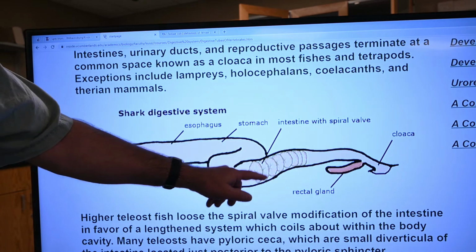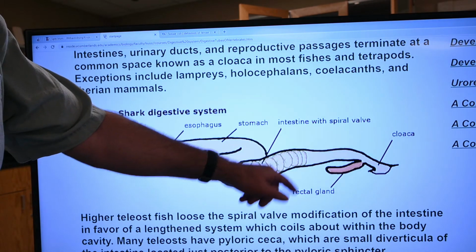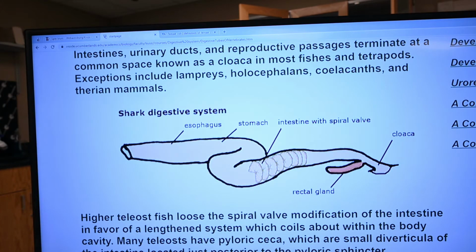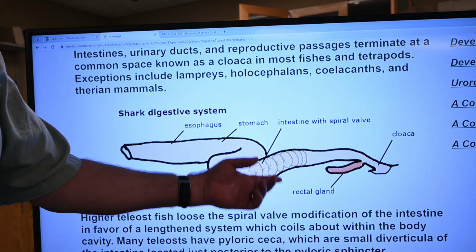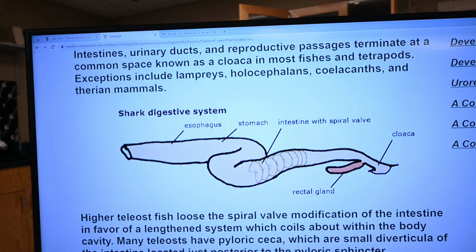So the food has to go through these spaces around and around as it goes down through the gut. And obviously that increases the amount of surface area that is exposed to the food for digesting the food and so on.